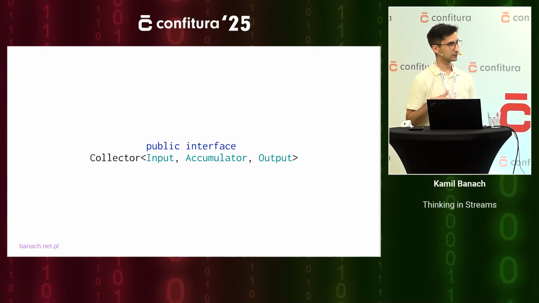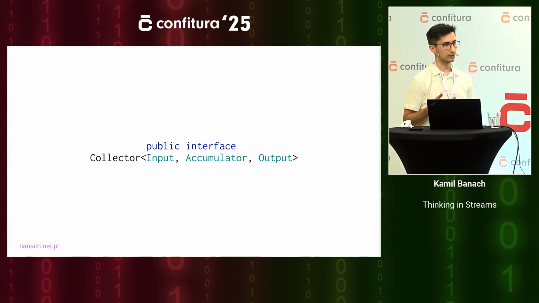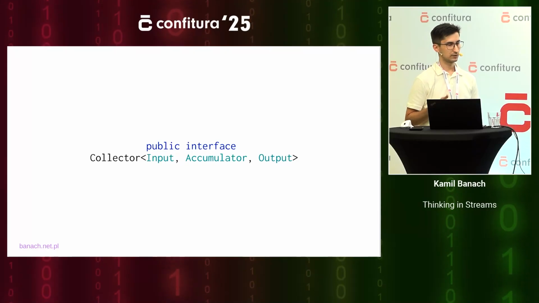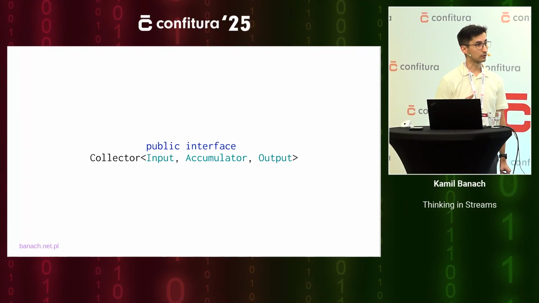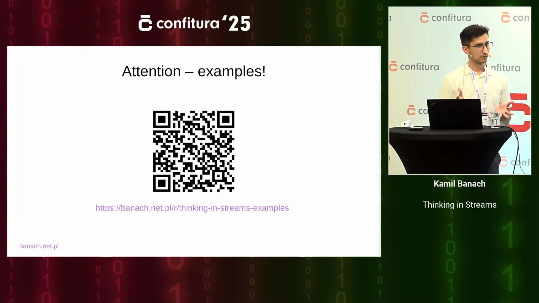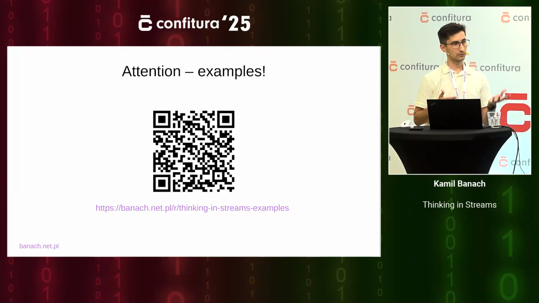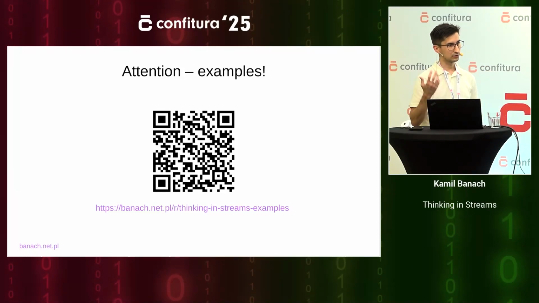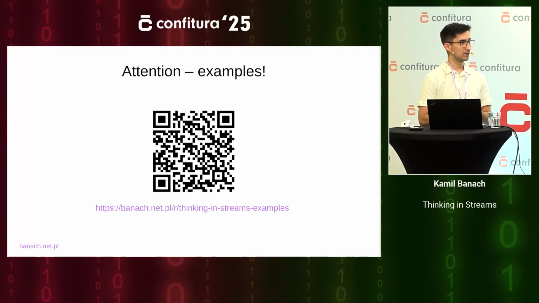We have the input type, the accumulator type, and the output type of the collector. So now it's understandable. We have the collectors, the intermediate operators, and the terminal operators, so we can go to some examples.